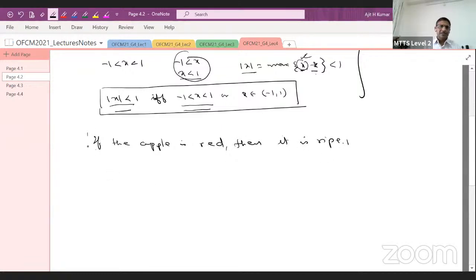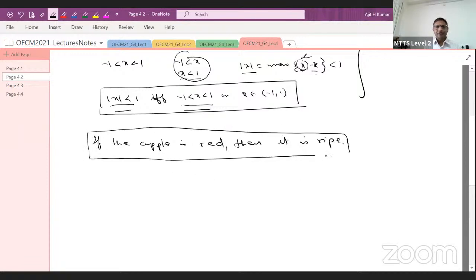Let us say we consider this a result. So in this result, what is given to you? You are given this: the apple is red. What is it that you want to prove? This is right.